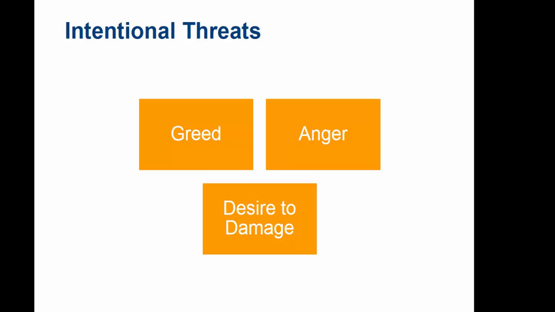These are things like greed, anger, desire to damage. You have people in organizations, and hopefully by doing a background check on an employee, one of the first things they check is the financial backgrounds of different people.